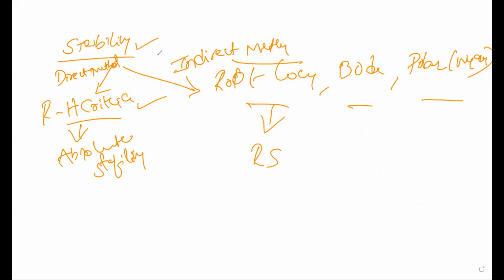In the RH criteria, we consider the characteristic equation, the closed loop system denominator.